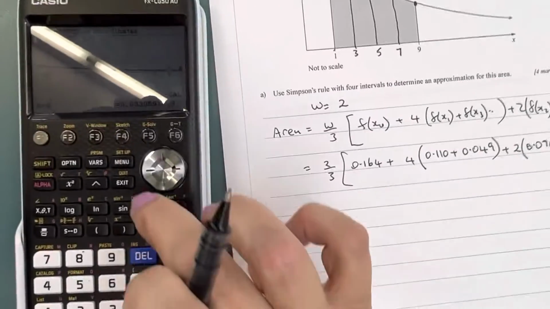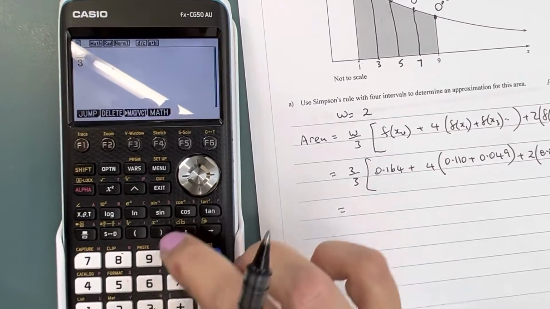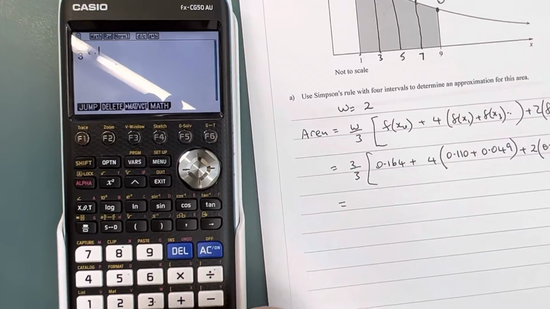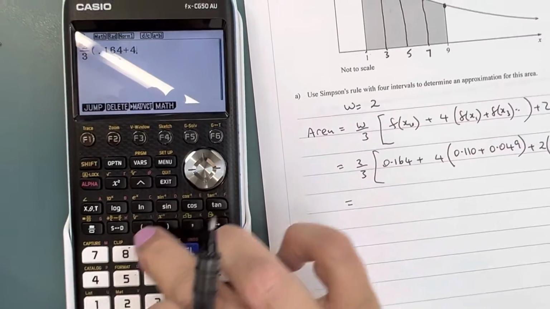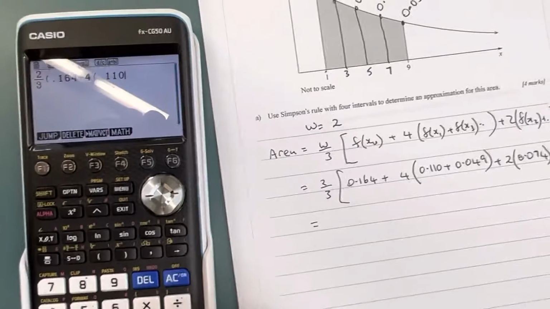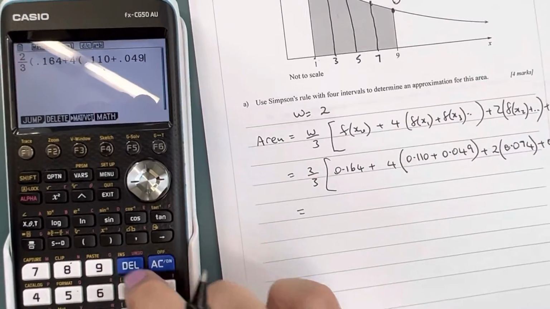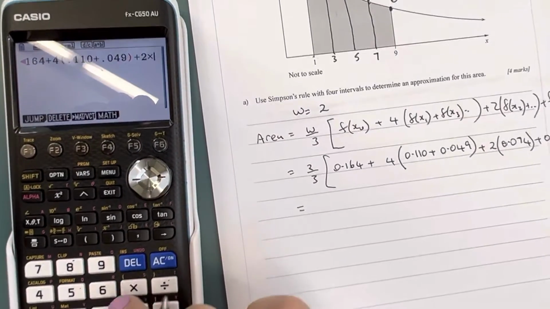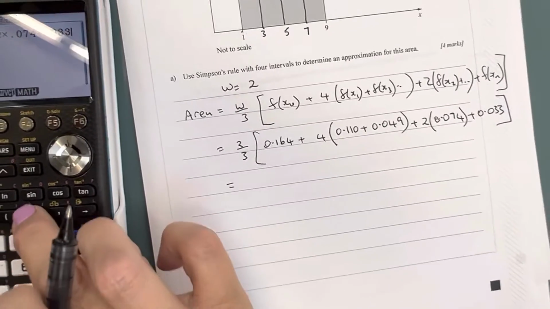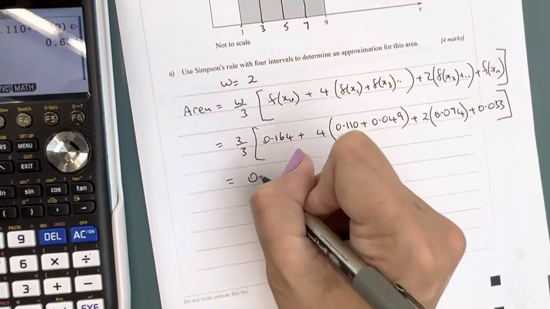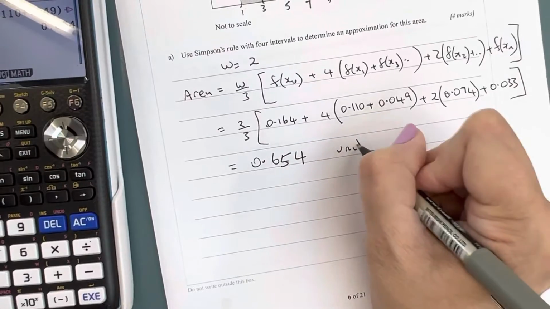To my calculator, I'll need to go into run mode. I'm going to go 2/3 bracket 0.164 plus 4 times bracket 0.110 plus 0.049, close my brackets, plus 2 times 0.074 plus 0.033, close my brackets, equals 0.654 units squared.